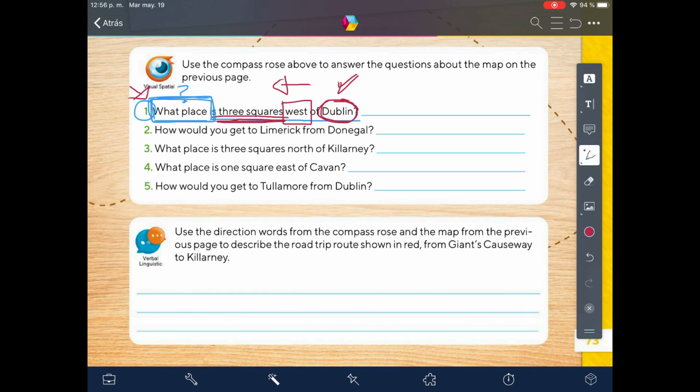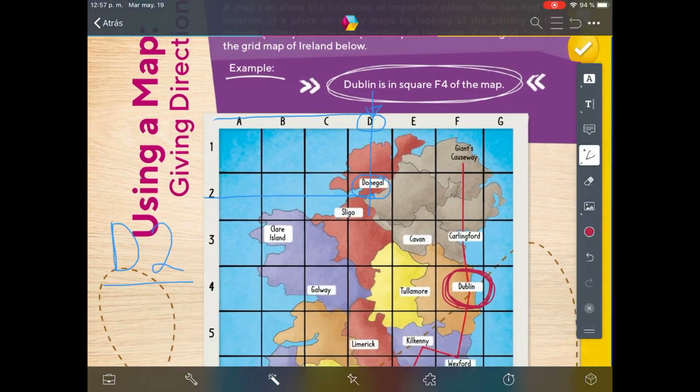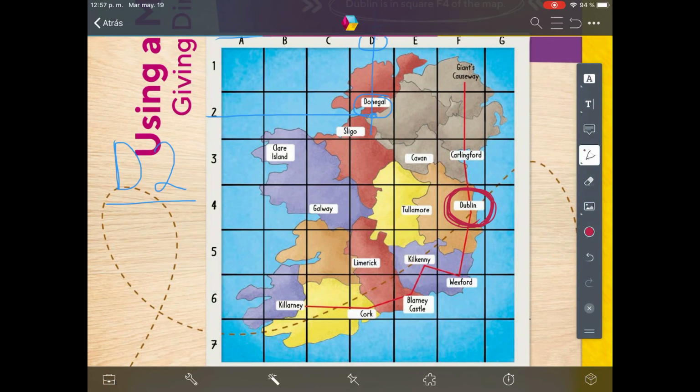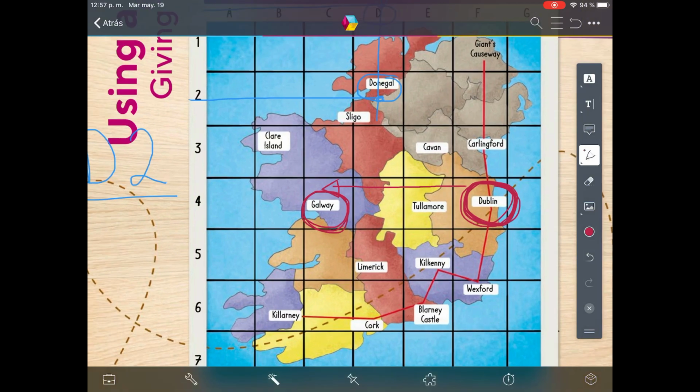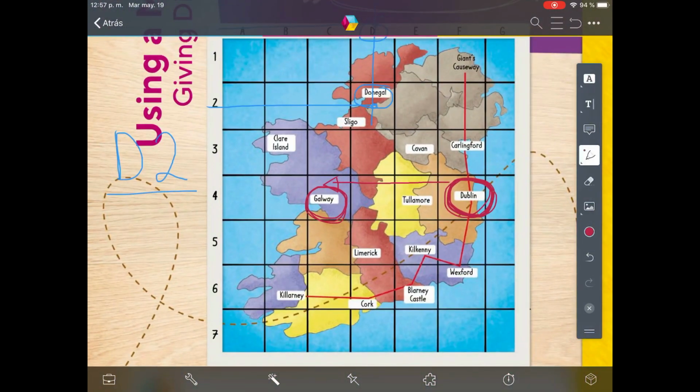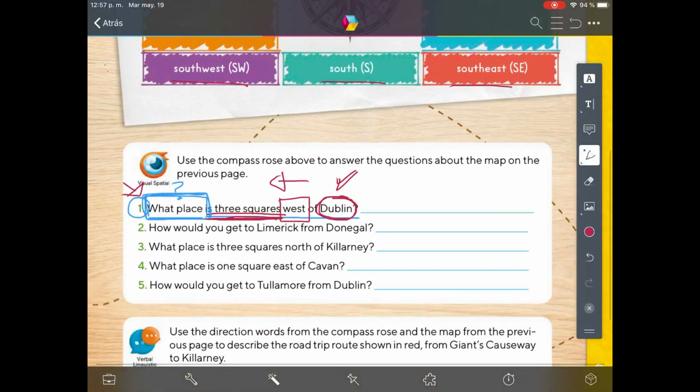How many squares? 3. So back to the map. There is Dublin in the circle, remember? Let's move west. 1, 2, 3 squares. Now, what place is that? I circled it. Let's read what place that is. Galway. That is the place that is 3 squares west of Dublin.